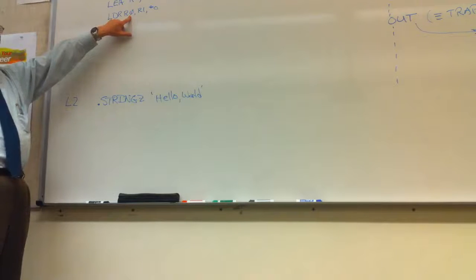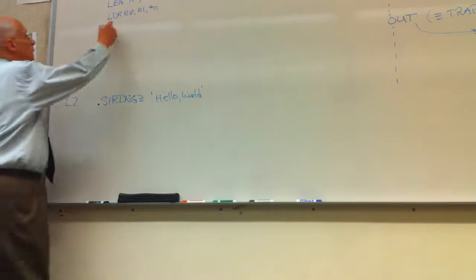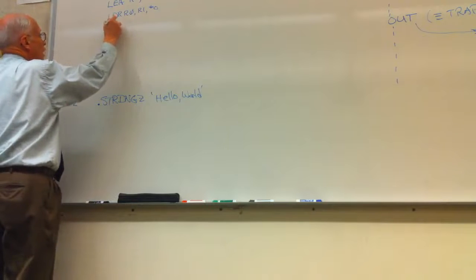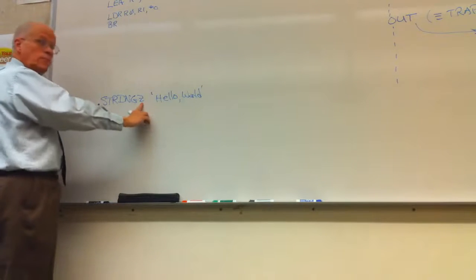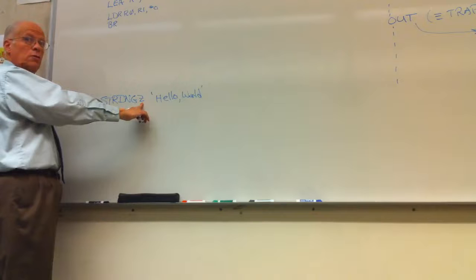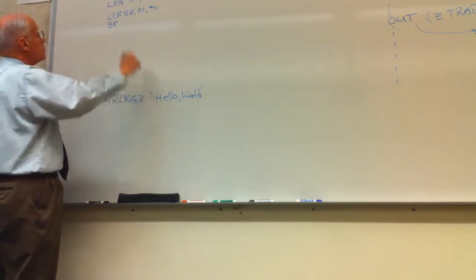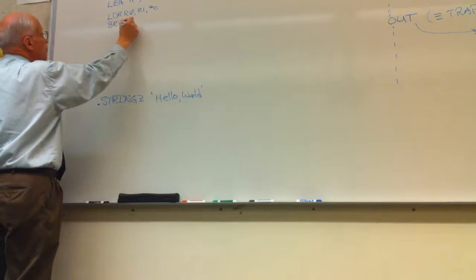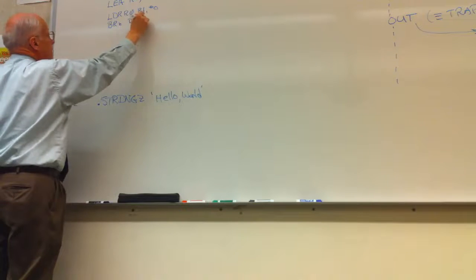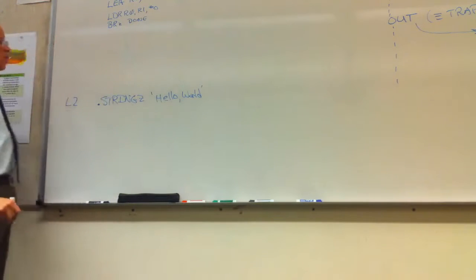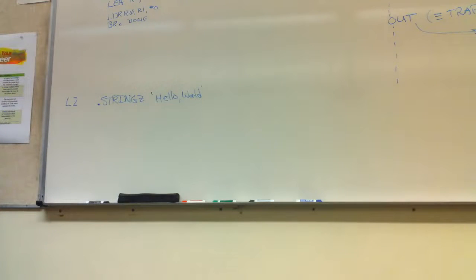Now, right at this point, I'm going to check for this 0 word at the end of the string. Once I load that 0 word, I'm going to jump out.